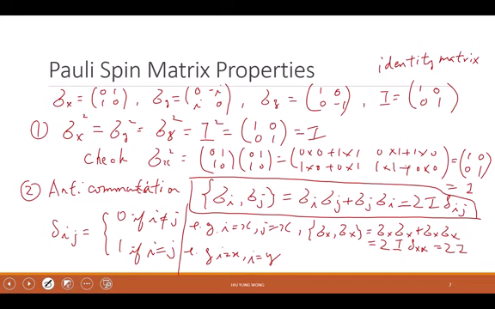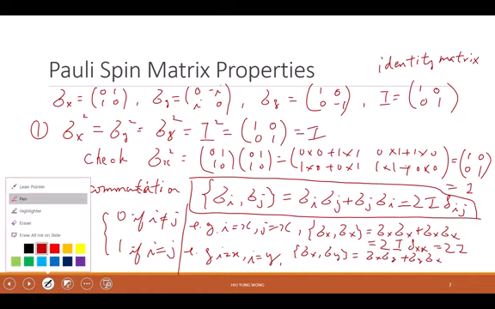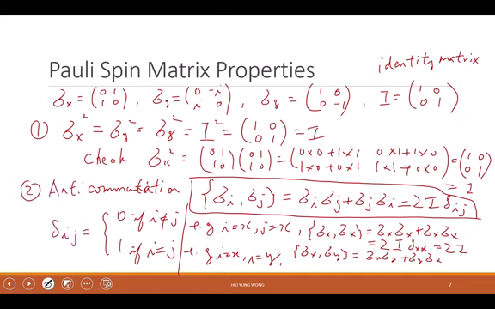When i equals x, j equals y, then what do we have? Sigma x sigma y equals sigma x sigma y plus sigma y sigma x. And what is the result? I need to do calculations, right? So what is sigma x? It is 0, 1, 1, 0.